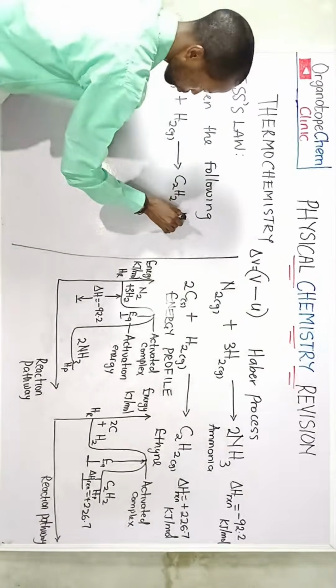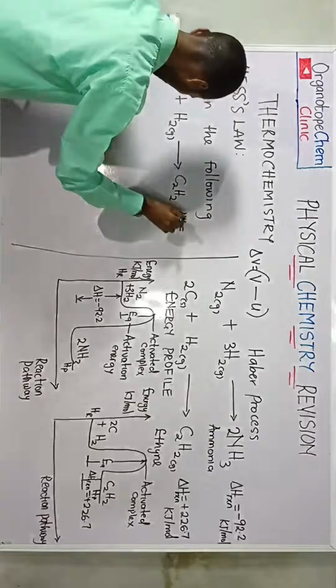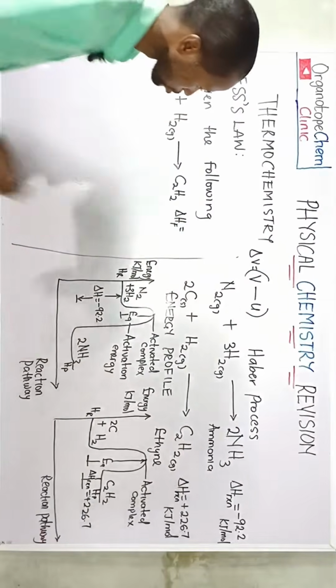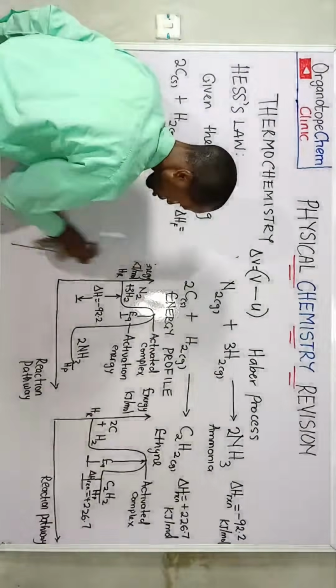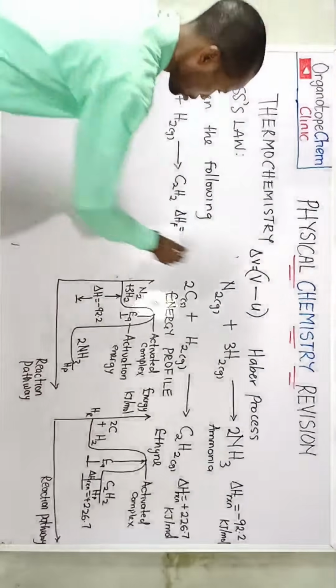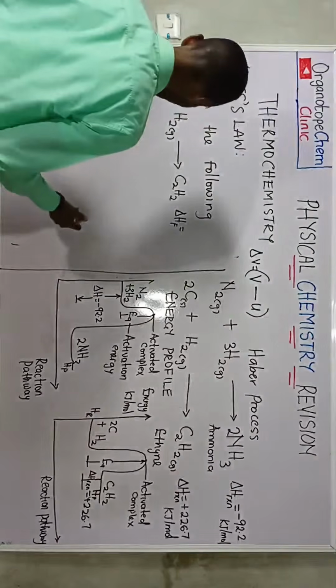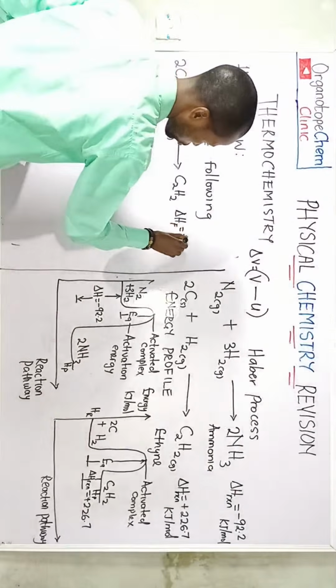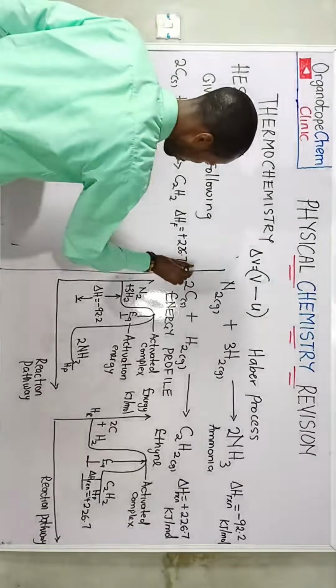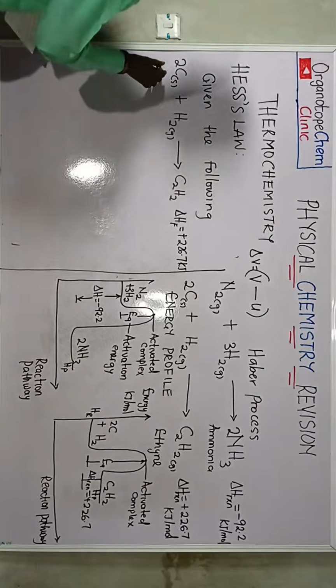The delta H formation for this is plus 226.7 kilojoule per mole.